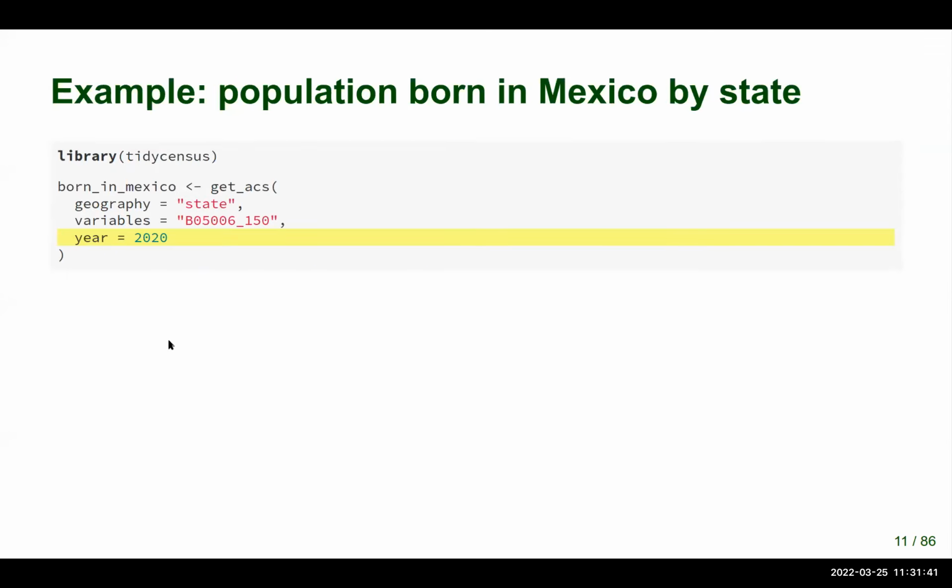So let's get started trying out how to use get_acs for the 2016 to 2020 ACS estimates. We load in the tidycensus library, and then we run the function using arguments and assignment. In R, the assignment operator is this arrow sign, which is a less-than sign and then a dash.